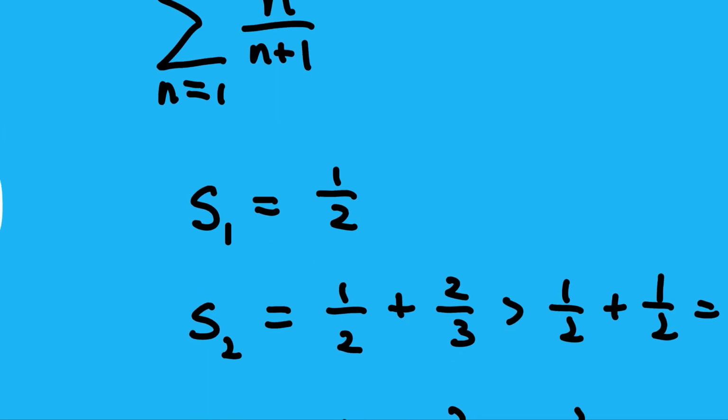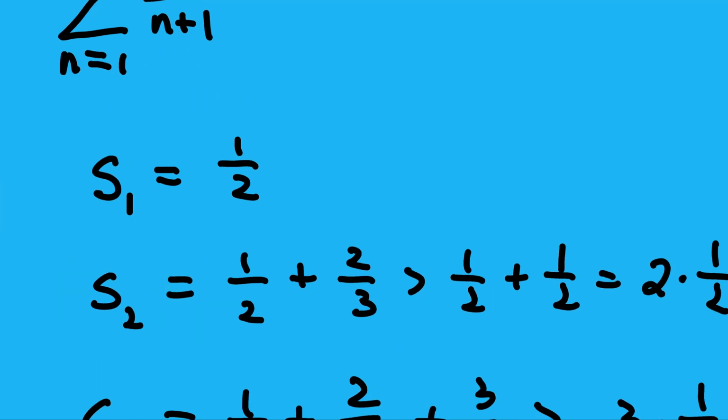To get the second partial sum, we use the first partial sum and add in the next term. N is equal to 2, so we get 2 over 2 plus 1. Let's use the fact that 2/3 is bigger than a half to see that S sub 2 is bigger than 2 copies of 1/2.